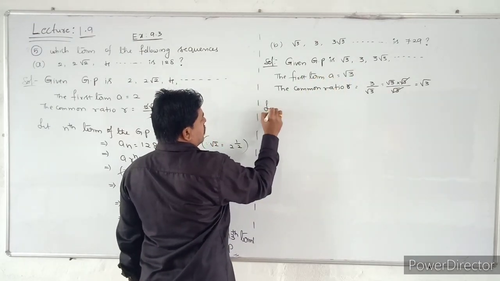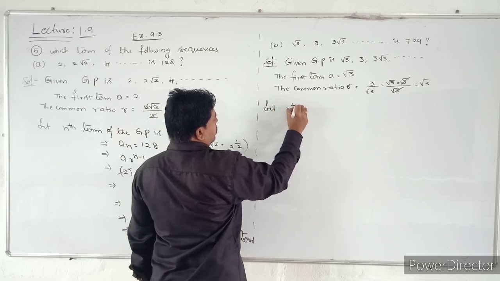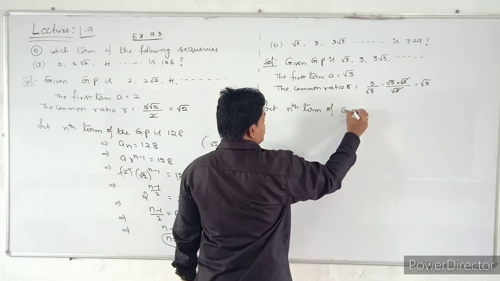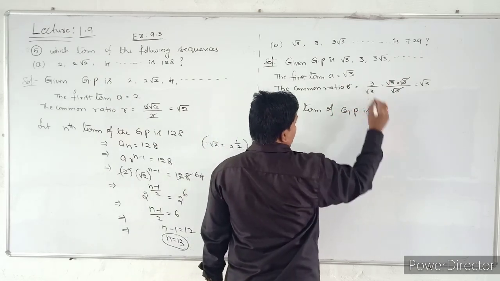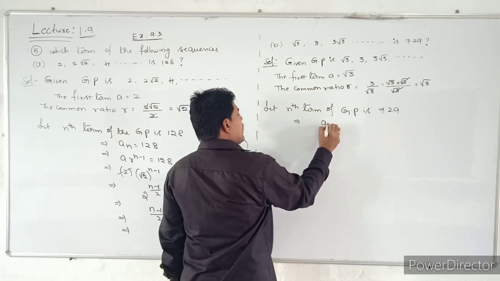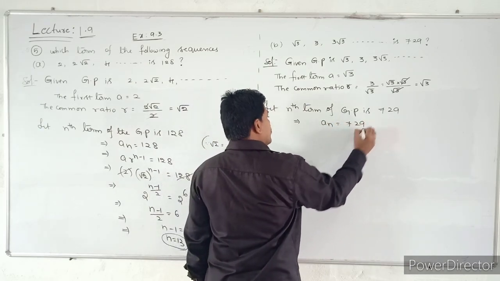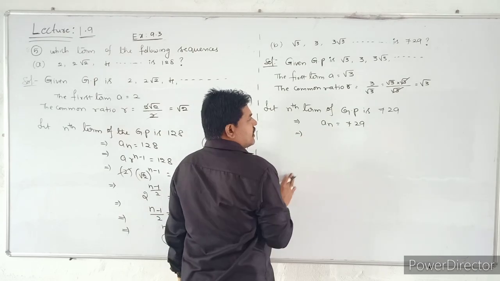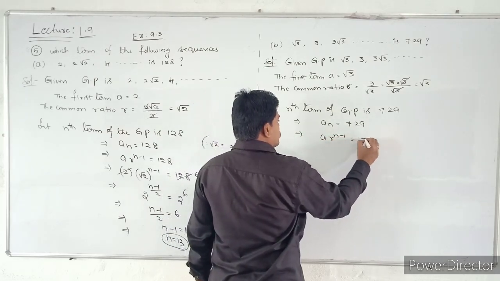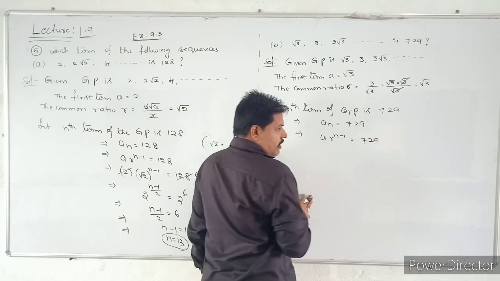Let the nth term of the GP be 729. That means a_n is equal to 729. What is a_n in a geometric progression? It is nothing but a into r power n minus 1, which is equal to 729.